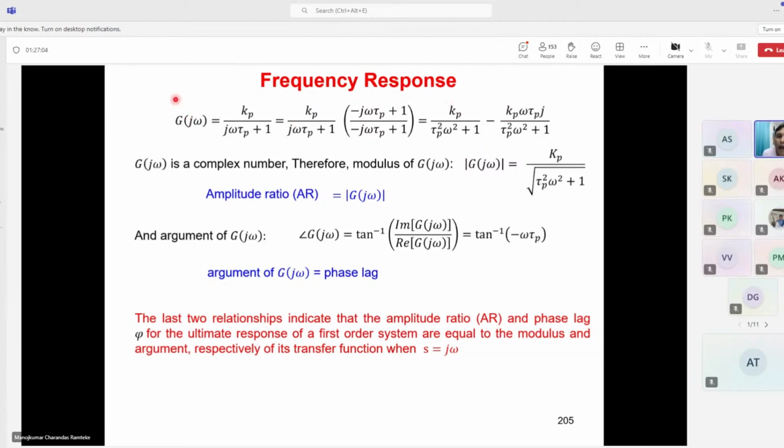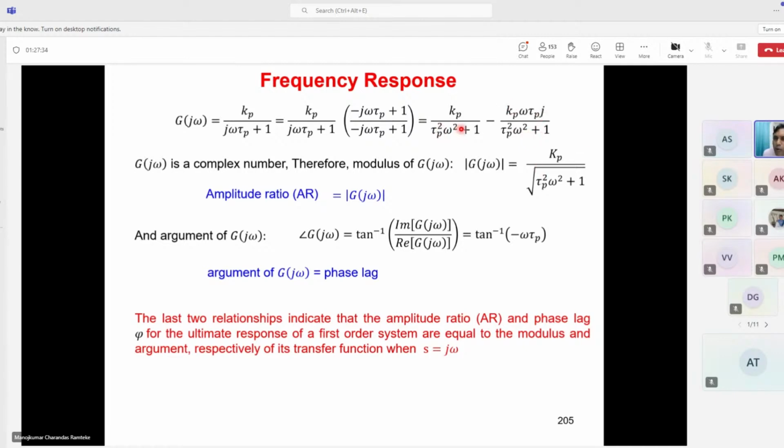If I want to find out the magnitude of G of j omega, what will it be? The magnitude of G of j omega is nothing but the square root of the square of the real term plus the square of the imaginary term. The square of the real term will be Kp divided by tau p square omega square plus 1, whole square, plus the square of the imaginary term, which will be nothing but minus Kp omega tau p divided by tau p square omega square plus 1, whole square.